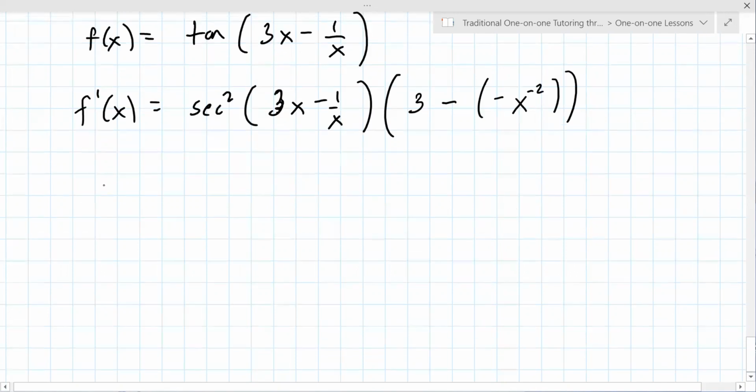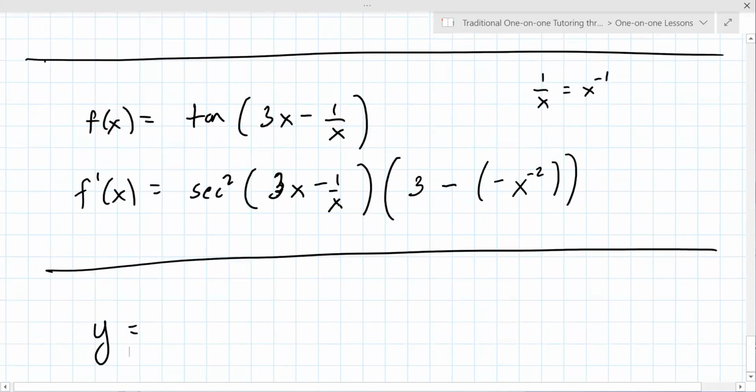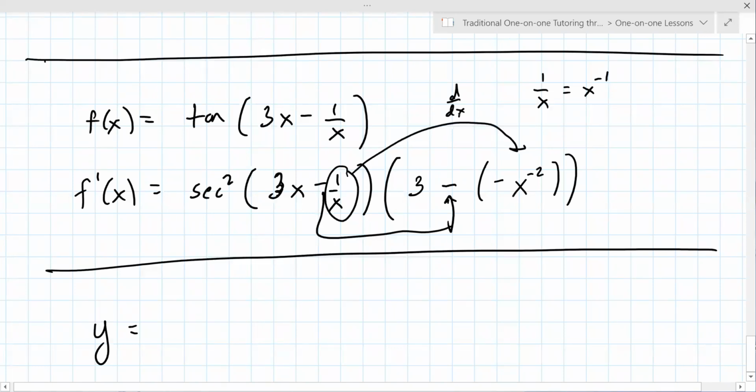Okay, so let's do another one here. Wait, you opened another parentheses? Well, yeah, you have to. This one right here comes from this, and then the derivative of 1 over x is here. So I have to open another parentheses?